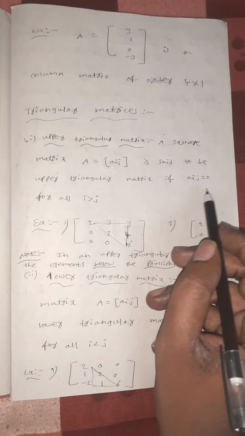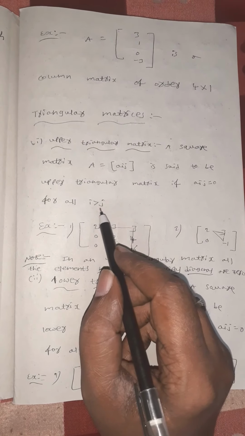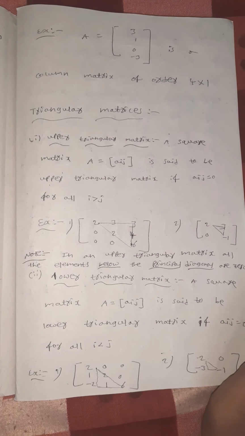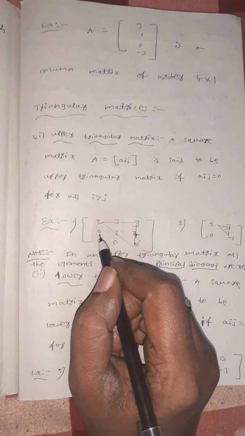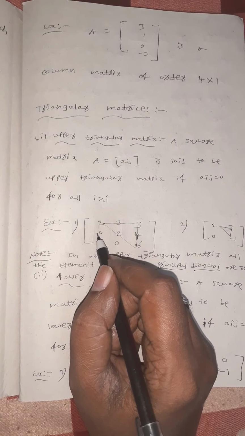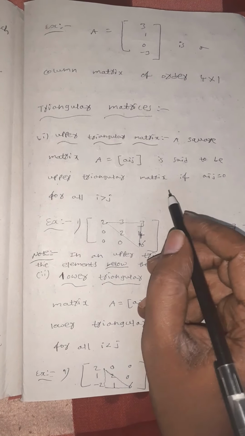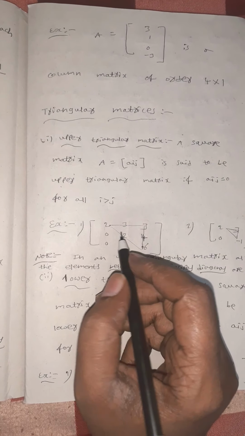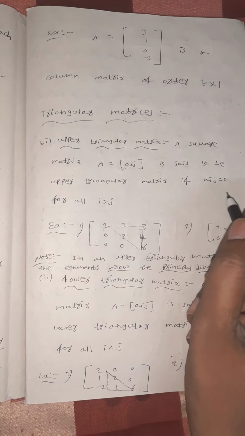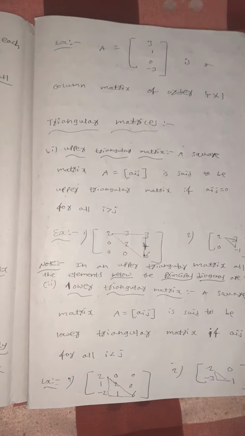So what I told, Aij is equal to 0 if i is greater than j. So here, Aij equal to 0 for all i greater than j means what?